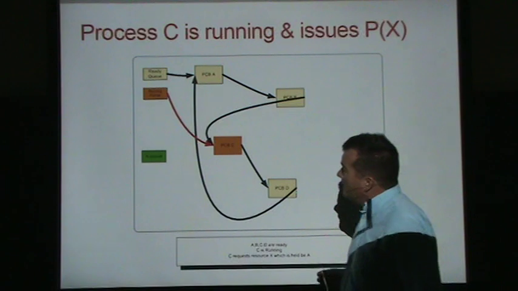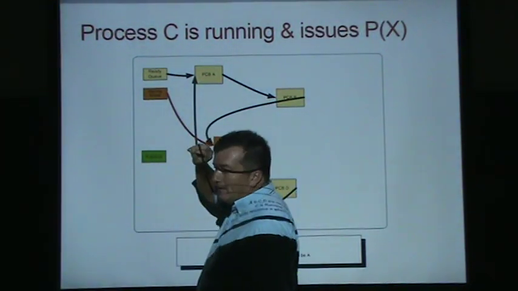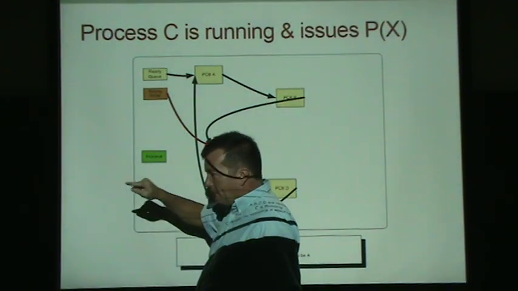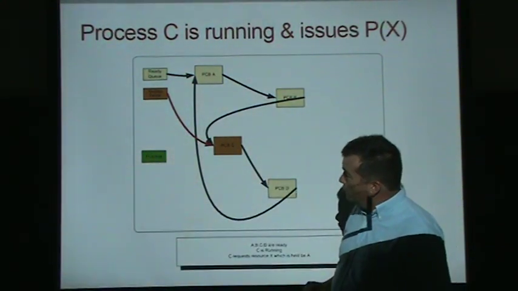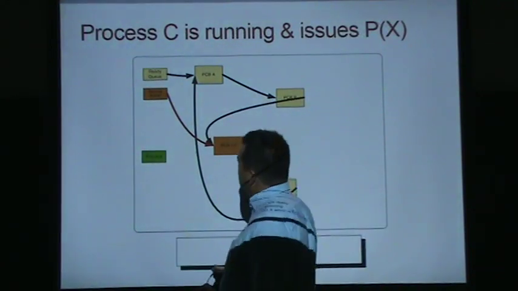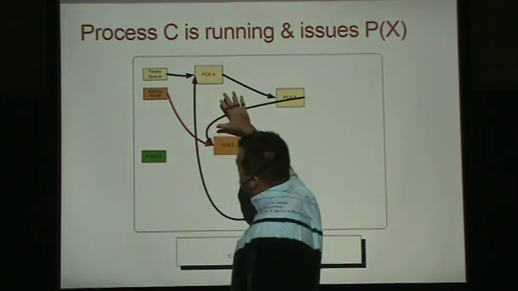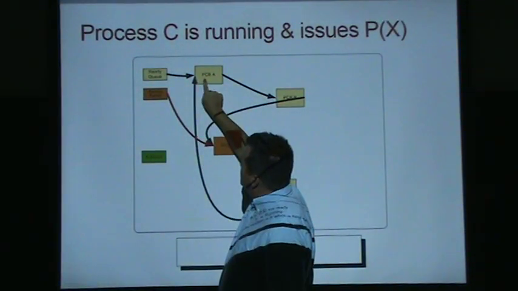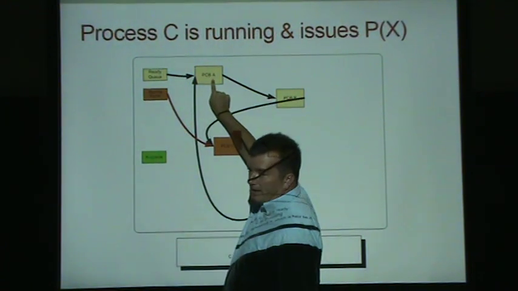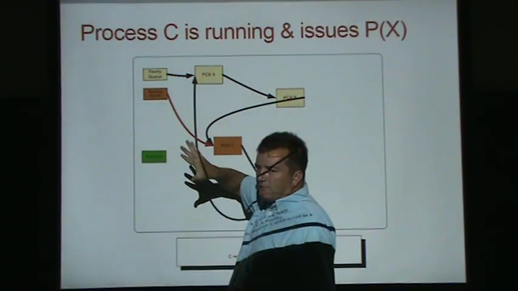But the ready queue is going to be a linked list where the end of the list points to the beginning. So it's not really a queue, it's a loop, a linked loop. So basically, in this picture, this is the process control block for A. A is ready to run, meaning it's not waiting for any resources.